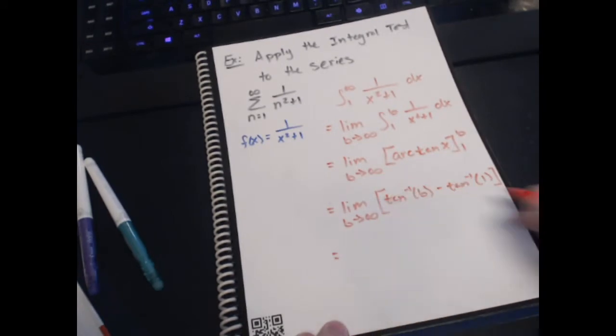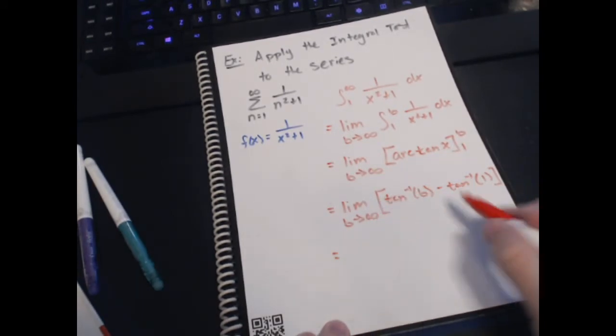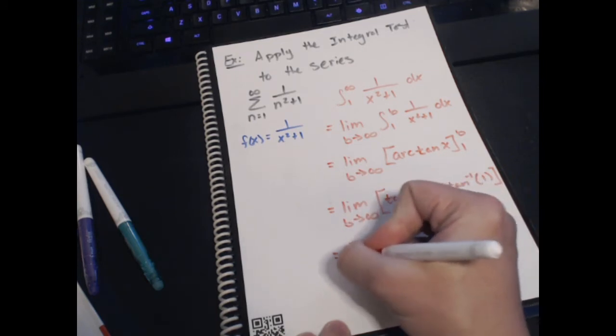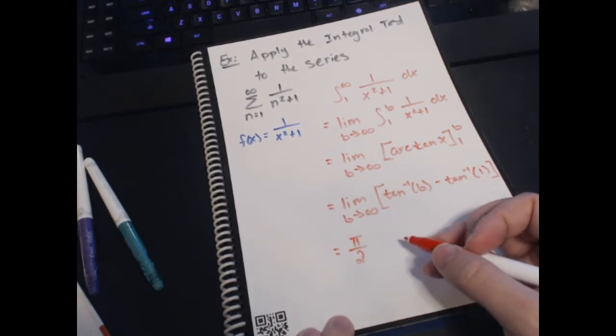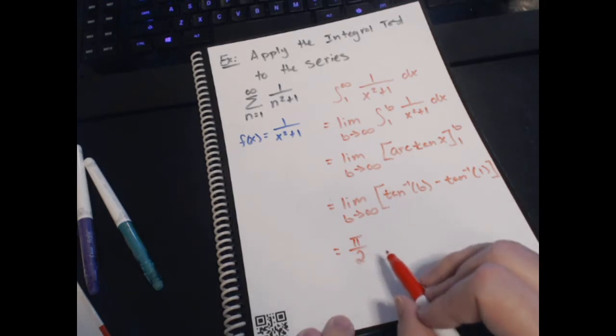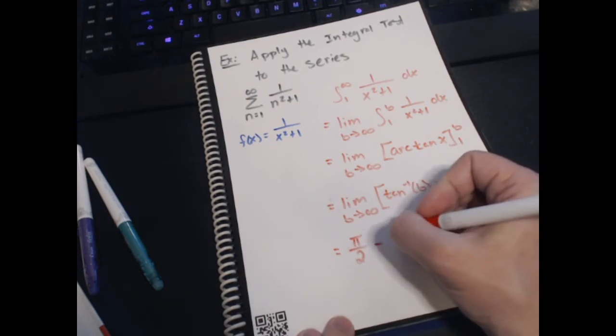All right. If you plug in infinity to tan inverse, you get pi over 2. Based off of the way the function is, that's just what happens. And if you go look at the graph, that'll make more sense if you forgot. And then anytime you have tan inverse of 1, that is pi over 4.